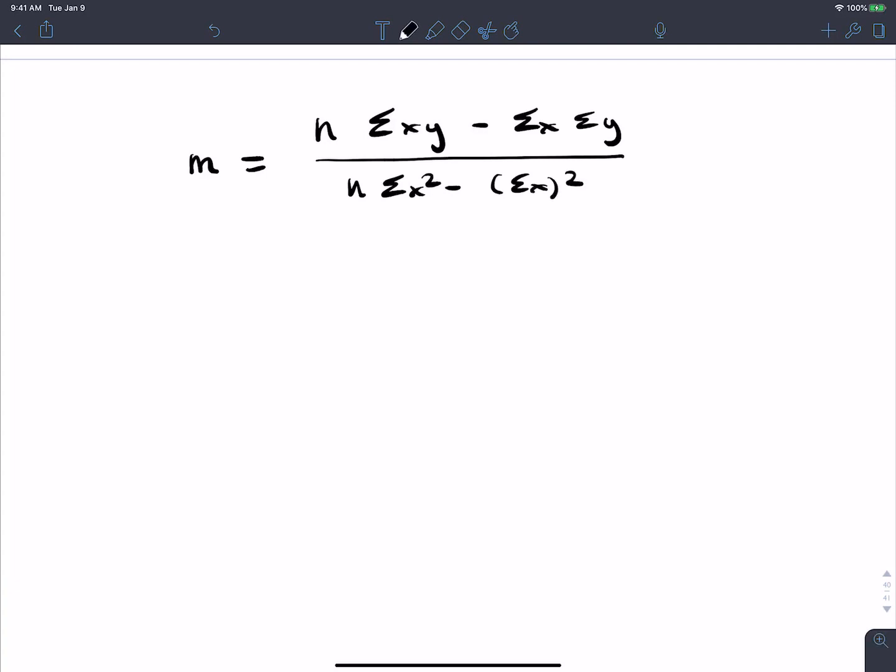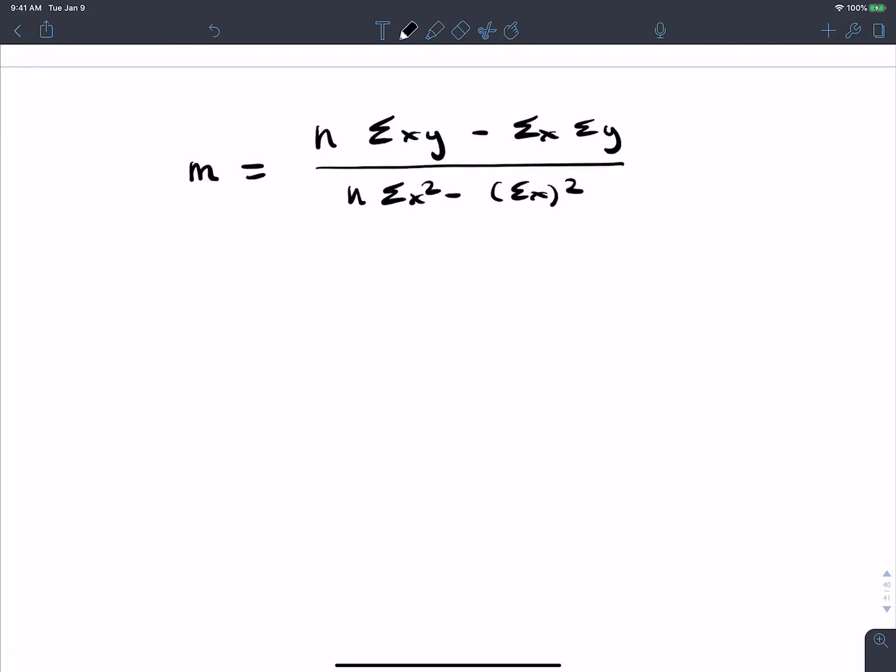So I need all of those values here. Remember, what was n anyway? Do you guys remember? Should we summarize all this here? N was 5, is that right? I need some xy, I need some x, and I need some y. Those are the first 3 column values.